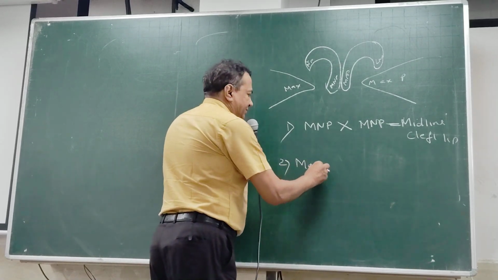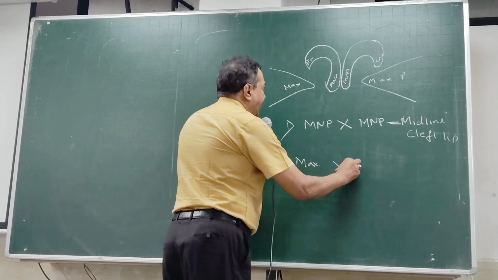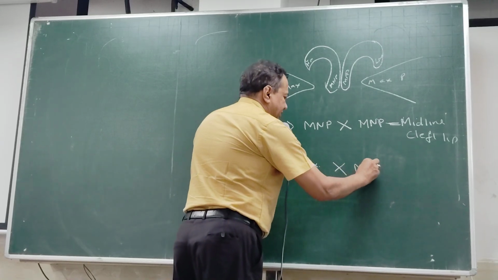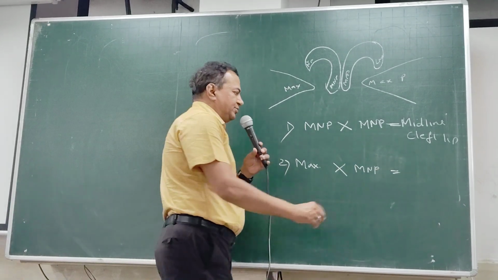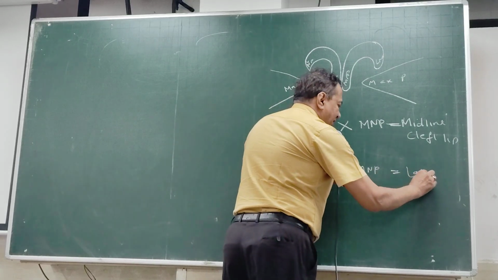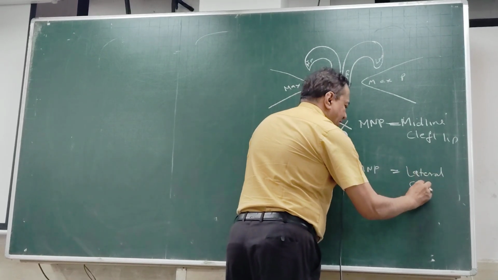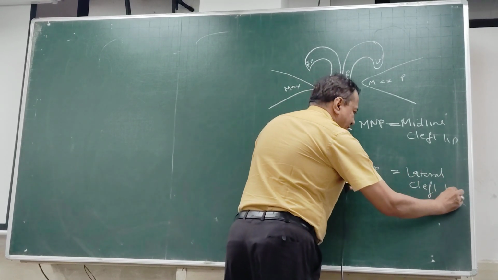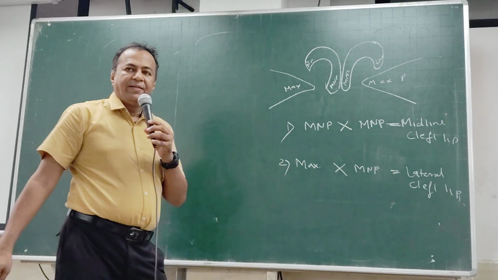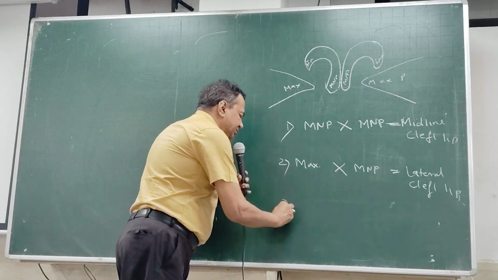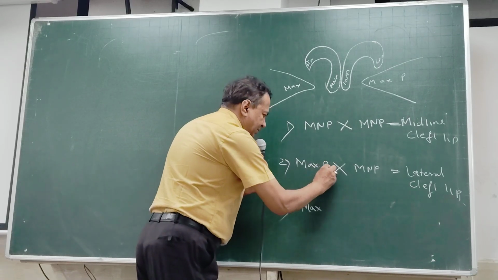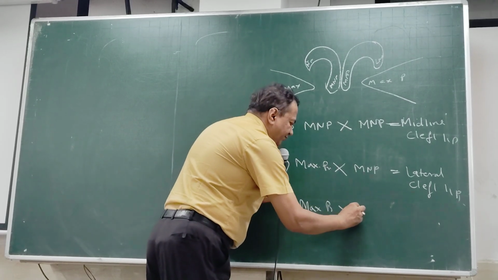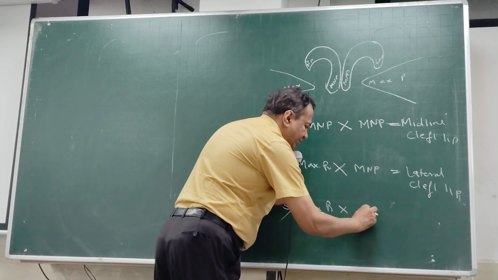maxillary process fails to unite with medial nasal process. So that will lead to lateral cleft lip. Third possibility, maxillary process fails to fuse with lateral nasal process.